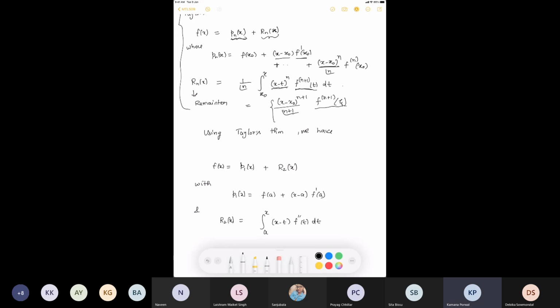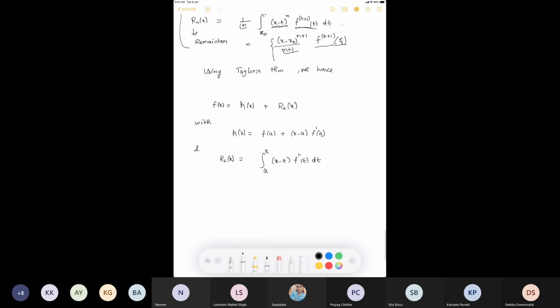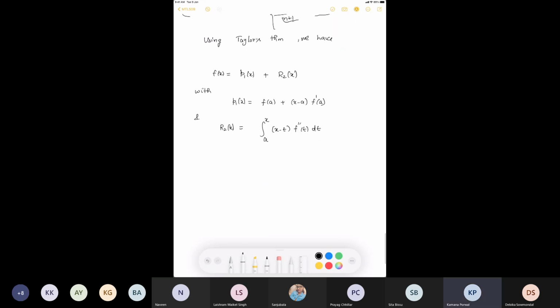Okay, so P_n is a polynomial of degree n, so the R_n will have the power one higher. Is that okay? Okay, so again, what is our interest is the error in the trapezoidal rule, right?